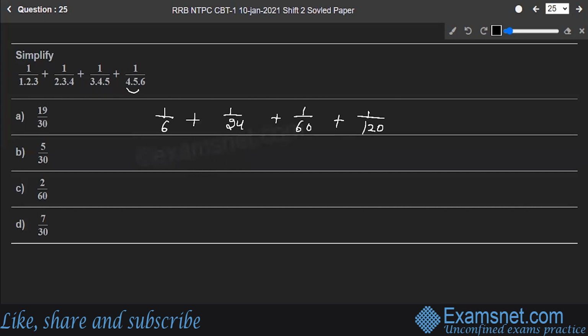So let's add them. Take the LCM. This will be 20 plus 5 plus 2 plus 1, which will be 28 upon 120. So this will go at 7 upon 30. That's it. We got our answer as option D.